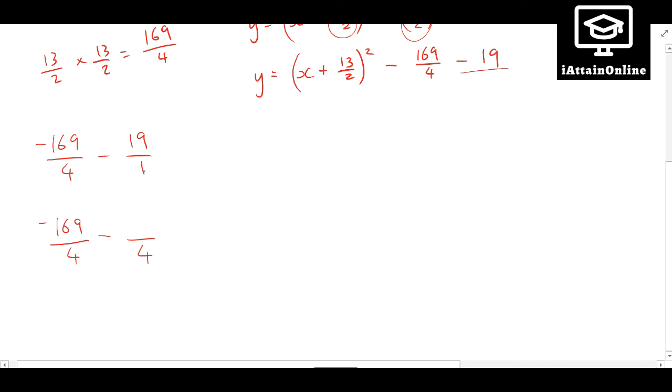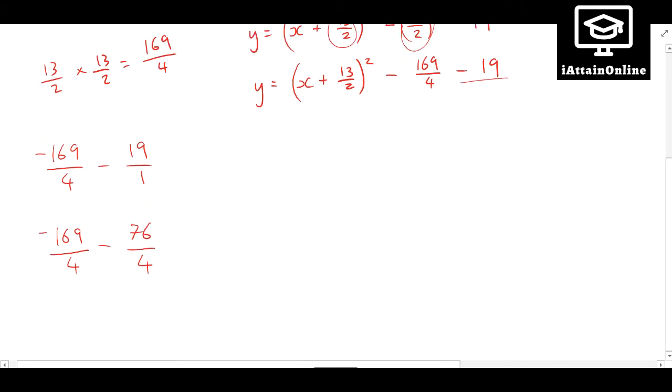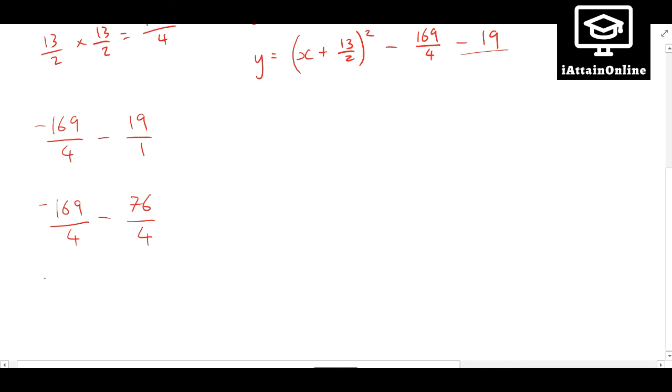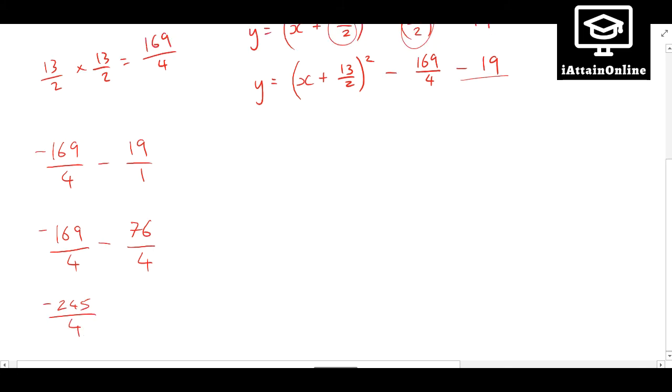Using an equivalent fraction, 1 times 4 gives me 4, and 19 times 4 gives you 76. So negative 169 take away 76 is going to give you negative 245 over 4. So now I can write x plus 13 over 2 all squared, negative 245 over 4.